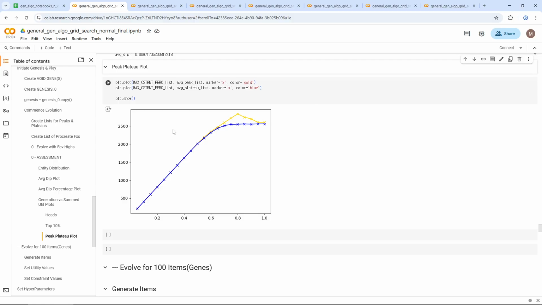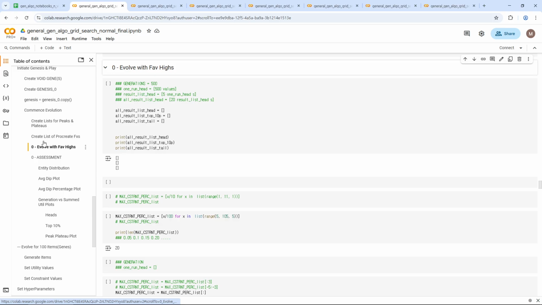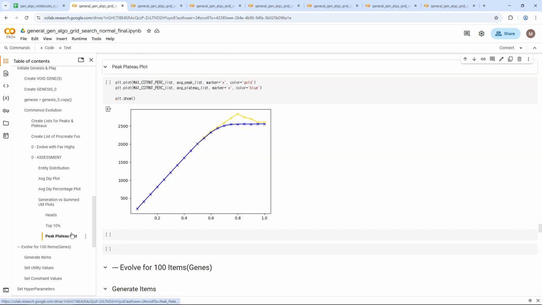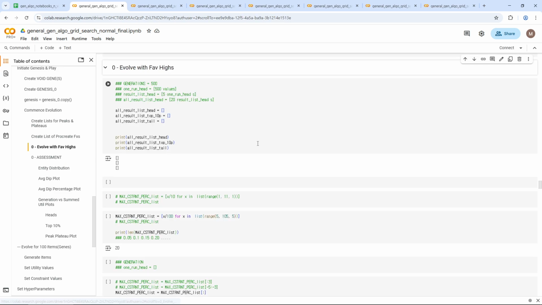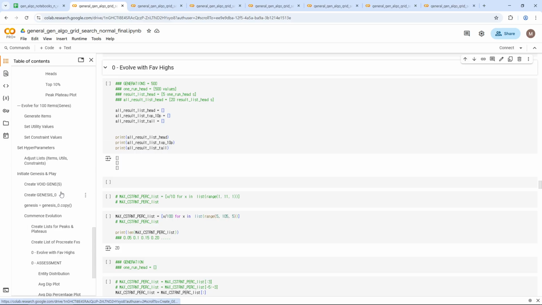Therefore, with the way the evolution is happening right now, no new entities are being created via procreation amongst the top entities, top 10 entities for example, even when we use the favoring highs procreate function.